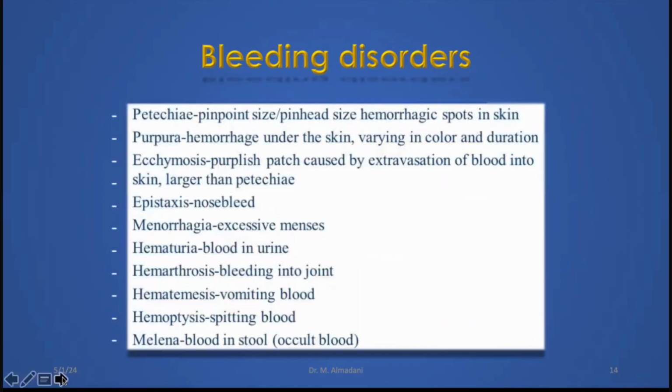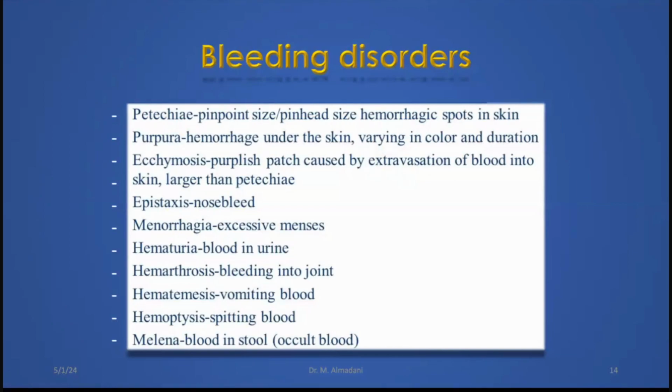I'm not going into details about the different terms of bleeding, like the meaning of epistaxis, menorrhagia, hematemesis, but I'm sure that you know all of these. Just remember that melena, or blood in stool, is different from occult blood in stool. Occult blood in stool is blood that you cannot see.